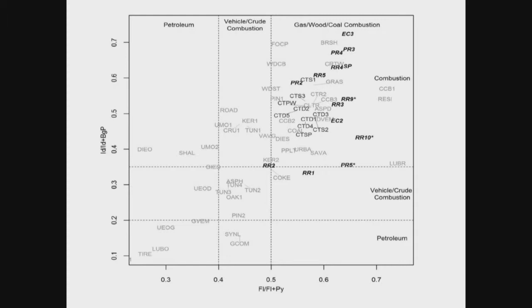There's a number of other ones on there, WD for wood, LUBR over on the right is a lubricating oil, Coke you see in the middle sort of. So these are all different abbreviations for different kinds of samples. Notice tire is down in the lower left, so that's rubber breaking off of tires. That's the kind of PAH signature it would give you on this kind of graph.